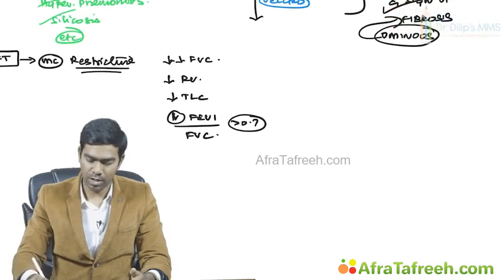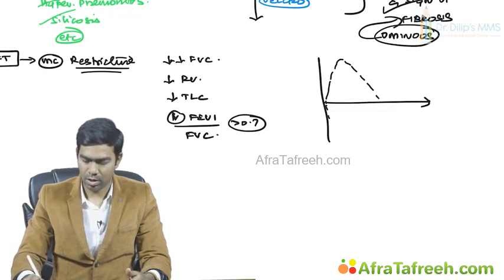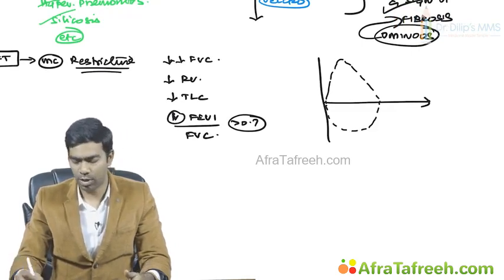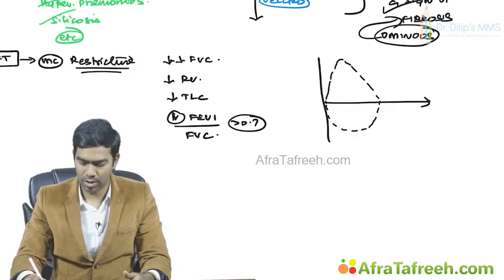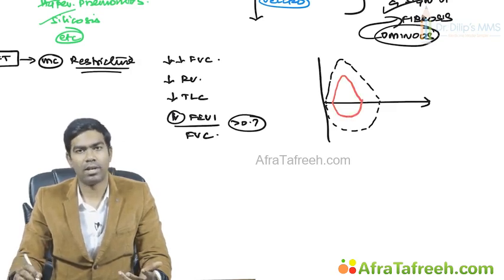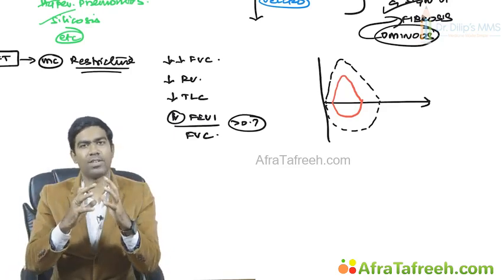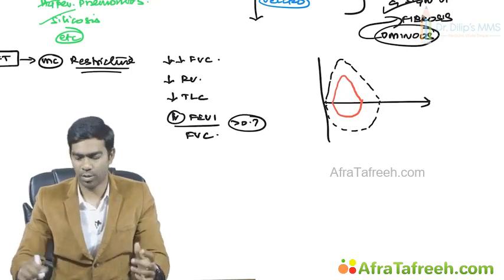Typically, the flow volume loop that you're going to get in these patients, suppose this is the normal flow volume loop. There are two types of flow volume loop you can get in ILD patients. One is something like this, where the shape might be completely normal, where your FVC will be seriously declined, and it looks like the entire lung itself has become smaller in size. This is the common pattern that you get.